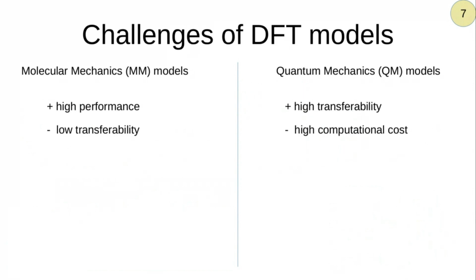But of course, the high transferability of quantum mechanical models comes with a high computational cost, because even just the system, not talking about solving it, takes lots of computer memory.